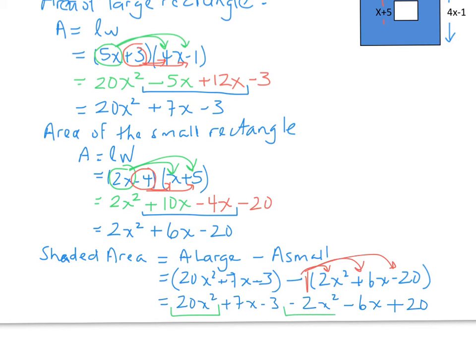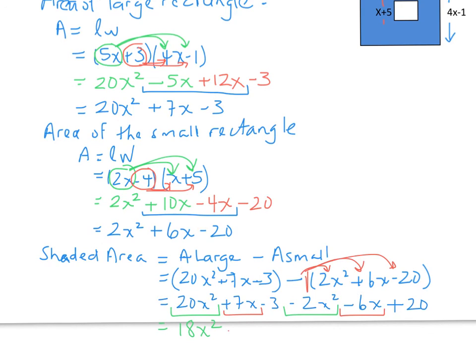I have 20x squared, and I'm going to take 2x squared away. That will leave me with 18x squared. I have plus 7x and then minus 6x. So 7 minus 6 would be 1x, or plus x.